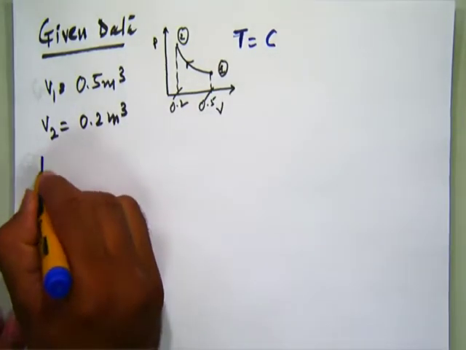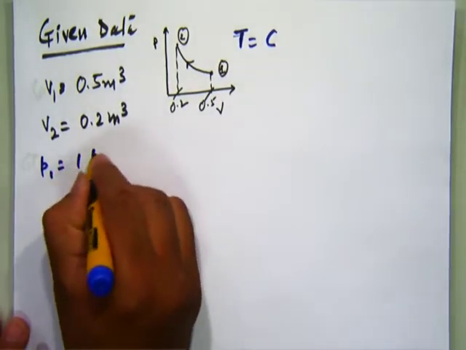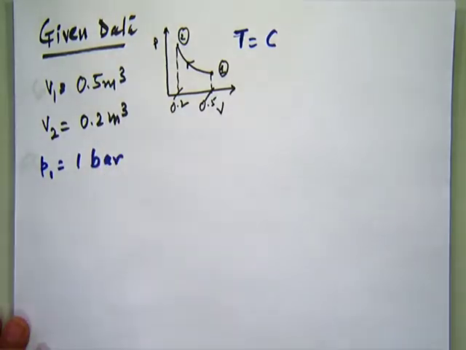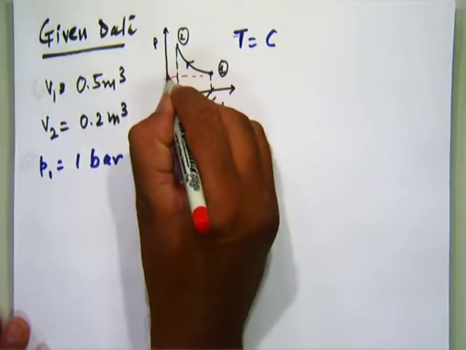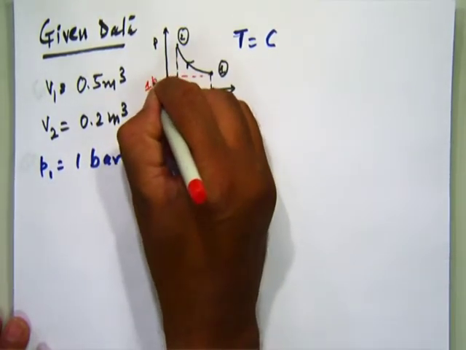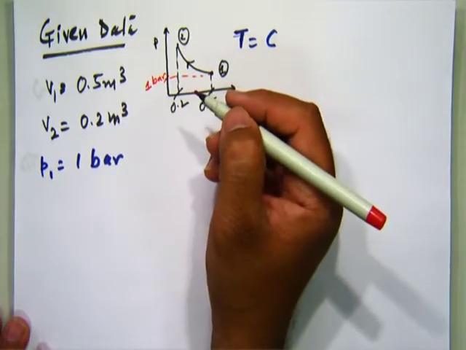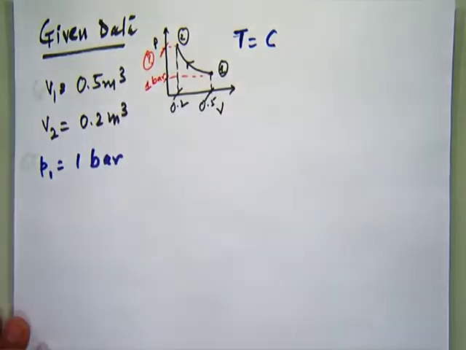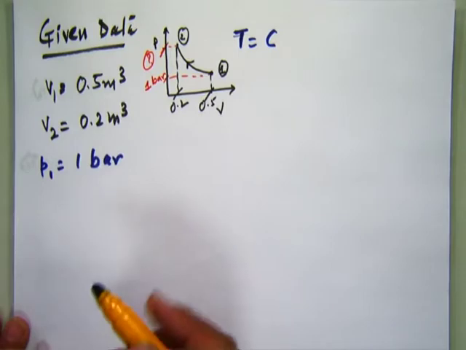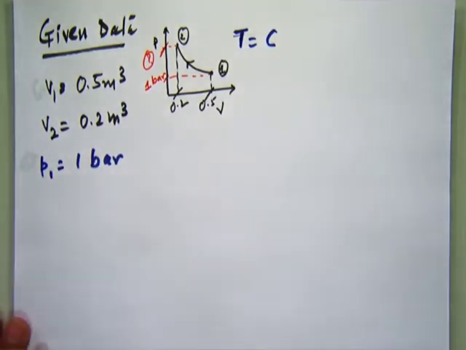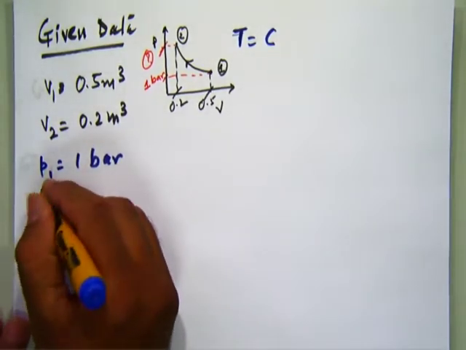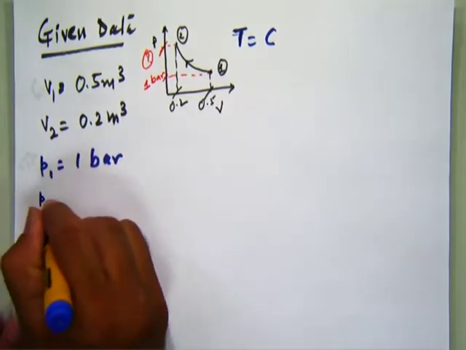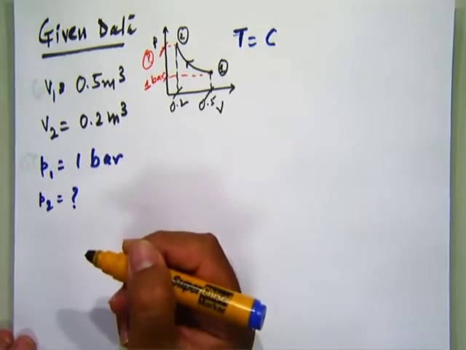P1 is given, 1 bar at the beginning of the process. What could be the pressure at the end of the process? So, we have to find out here P2 is how much.